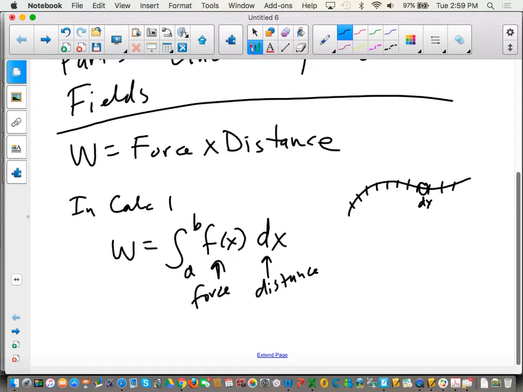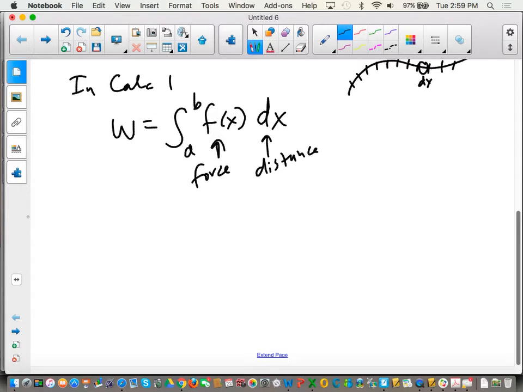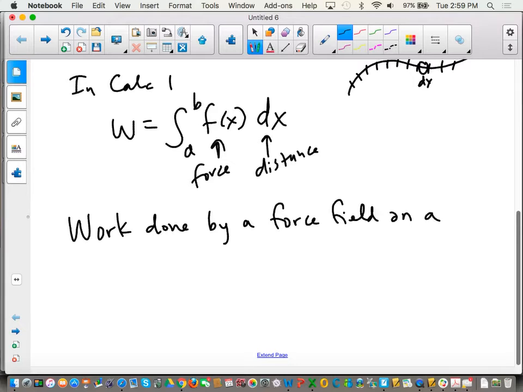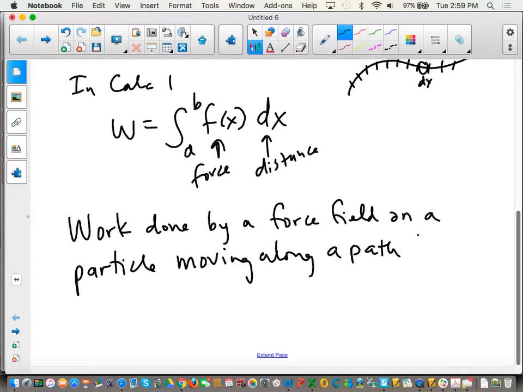Now, we're going to do the work done by a force field on a particle moving along a path. And by a path we mean a given curve or equation.